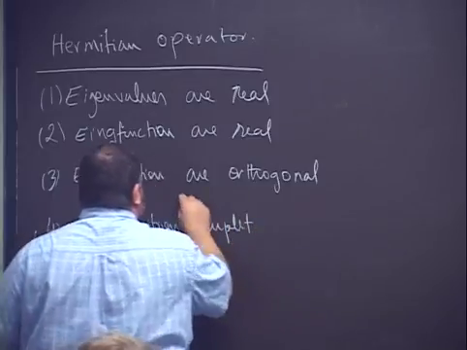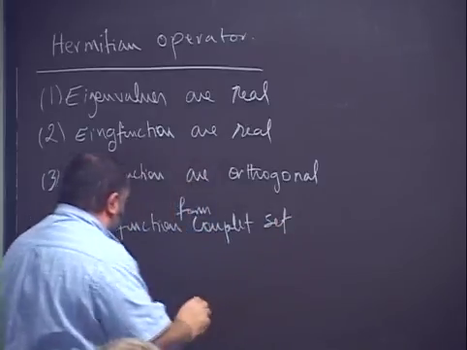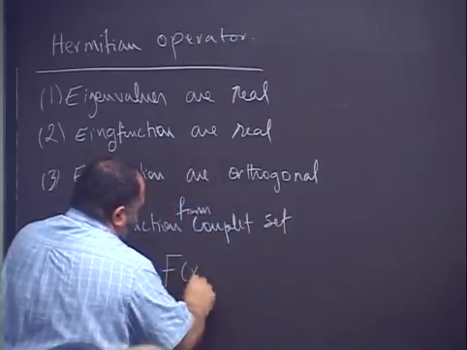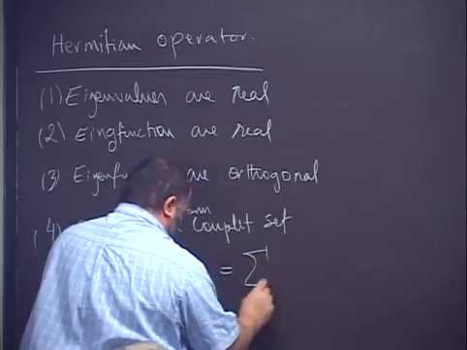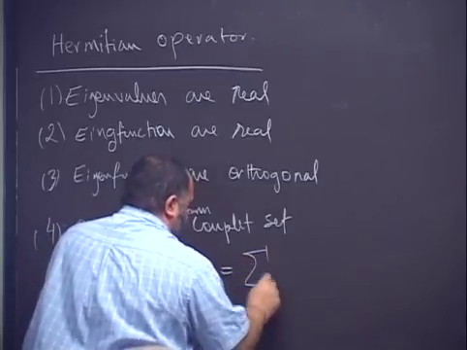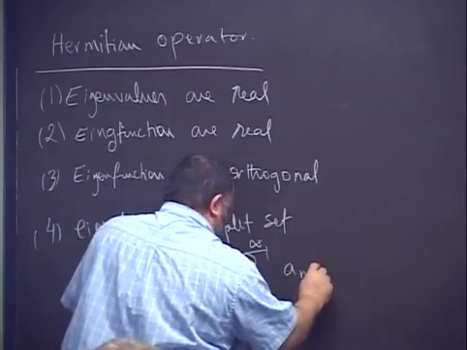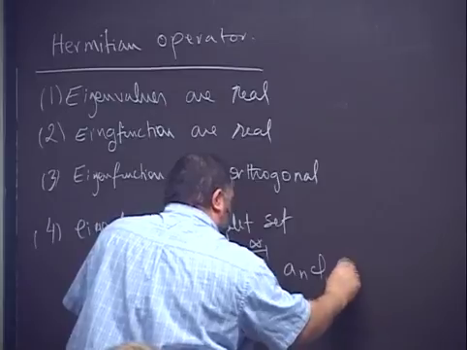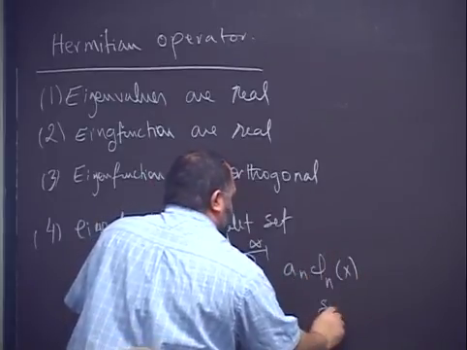They will form a complete set, so that you can, in principle, expand any function f of x as a sum of the coefficients a_n multiplied by phi_n of x, where phi_n of x are the eigenfunctions.